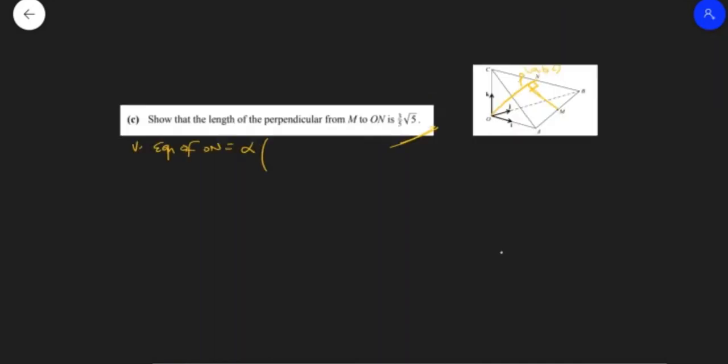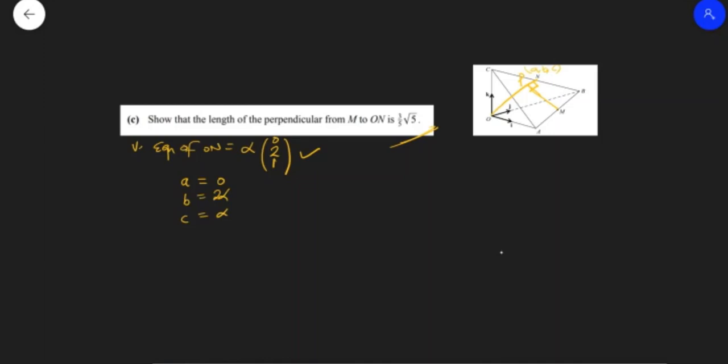So it was k plus 2j. k is the z component, 2j is the y component, and there is no x component. So this is the equation of ON. And the point P lies on ON. That means it will satisfy this equation. That means its coordinates are A will be equal to 0, B will be equal to 2 alpha, and C will be equal to alpha.